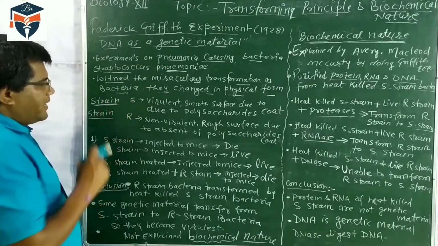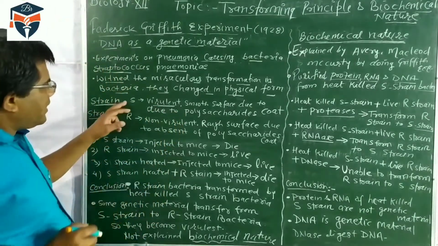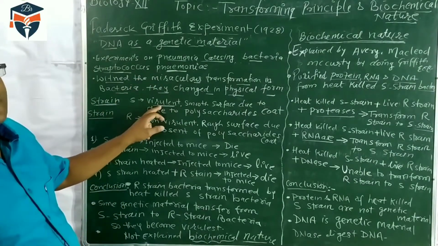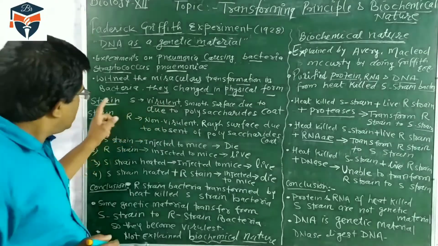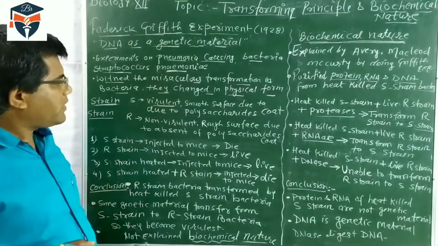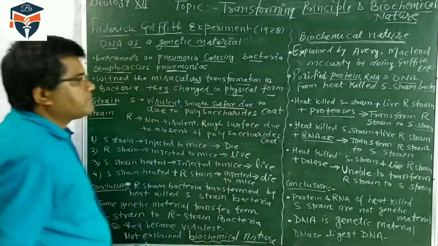So this strain S is what? Virulent. Virulent means it causes disease. So strain S is virulent, it means it causes disease or pneumonia, and it has a smooth surface.